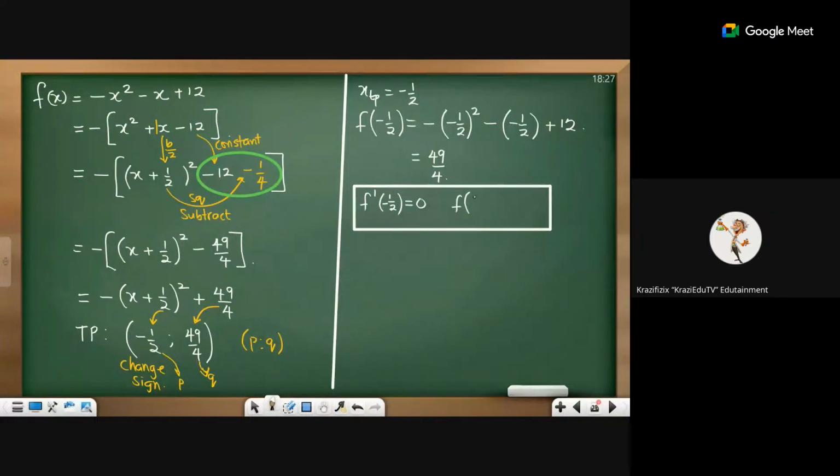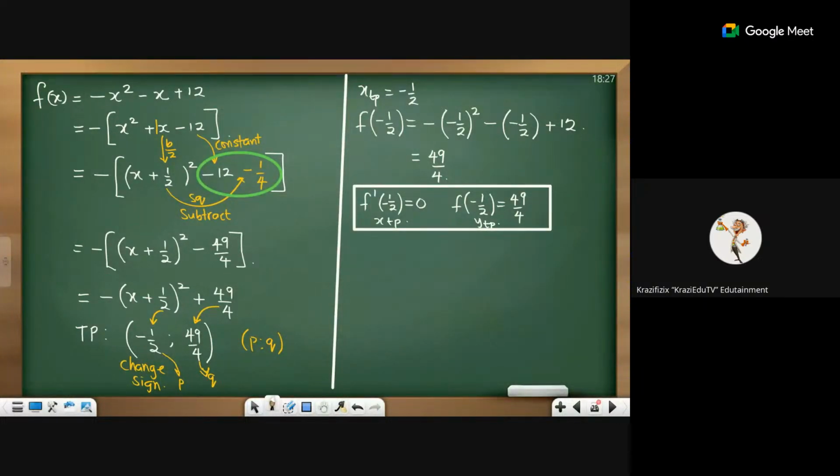F of negative half is equal to 49 over 4. We must know what all of this means, please. Make a note for yourself. These two are very important. This is telling me X turning point, and this is giving me Y turning point.